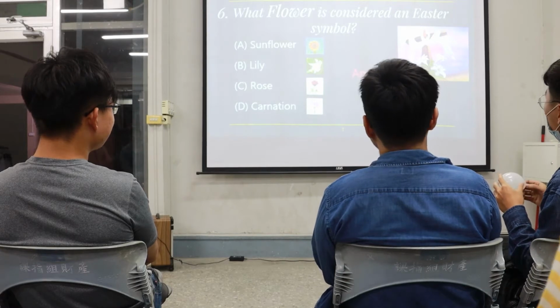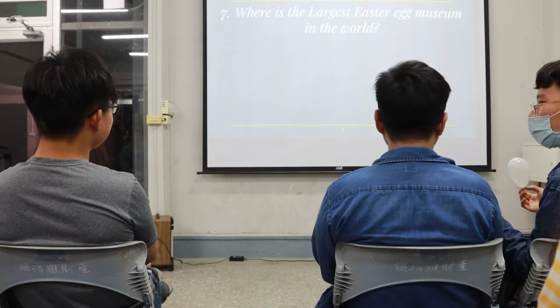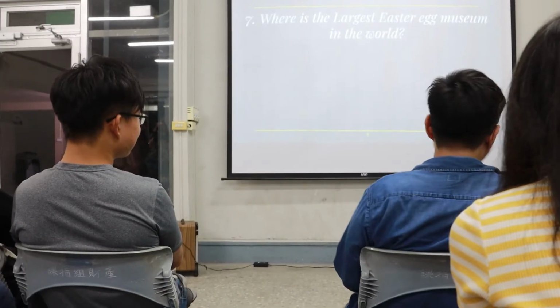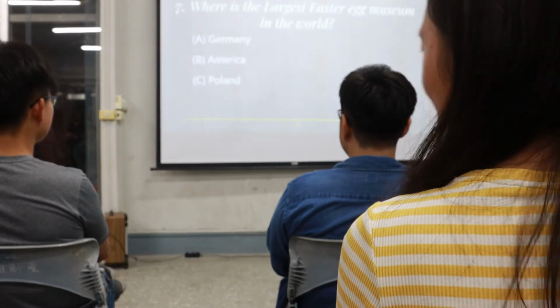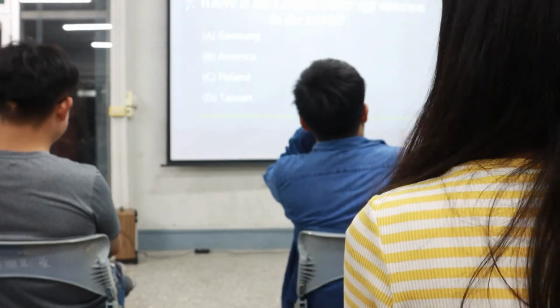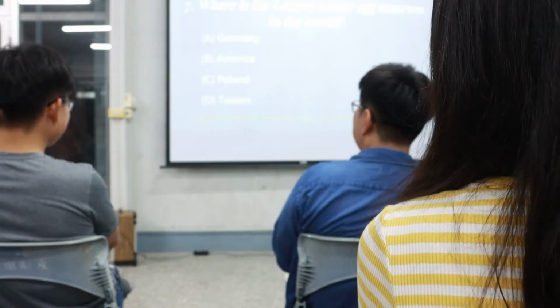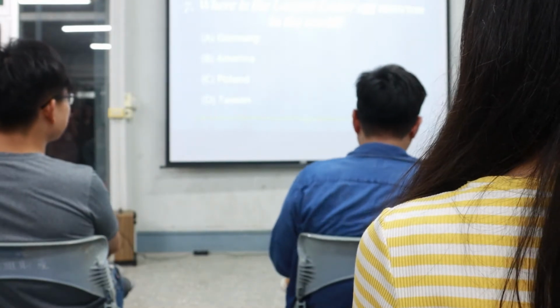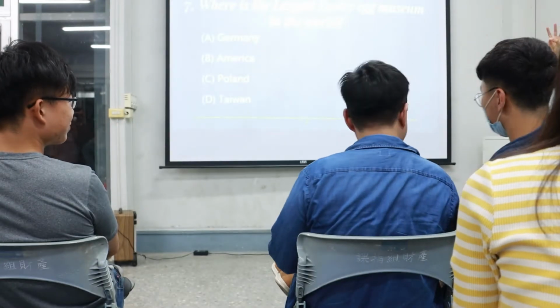Okay, next question. Where is the largest Easter egg museum in Rome? Easter egg museum, the largest one. Okay. A. Germany. B. America. C. Poland. D. Taiwan. Okay. Let's guess. 1, 2, 3.